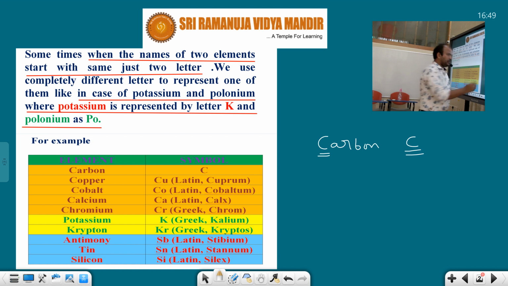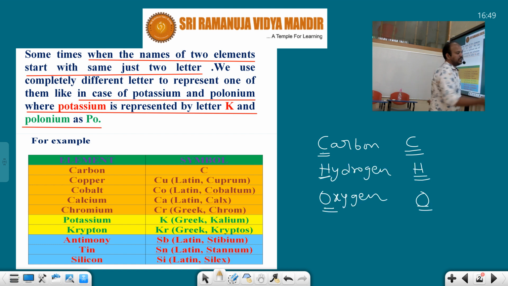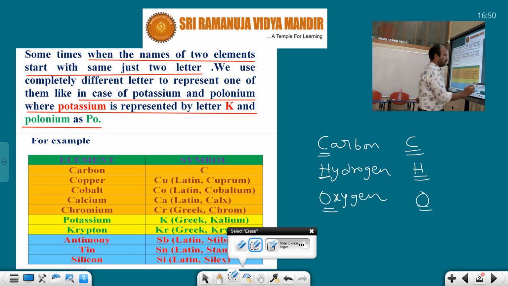If you take hydrogen, the first letter is H. Oxygen, the first letter is O. Hydrogen H, carbon C, oxygen O. Some names of the elements you should observe like this.